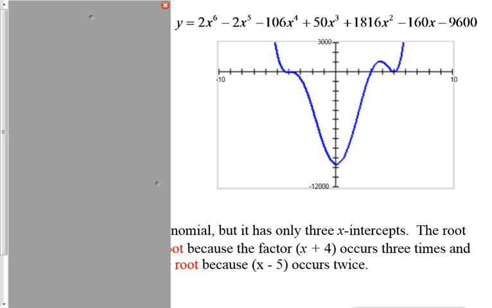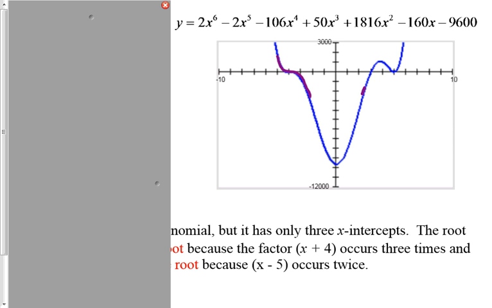Now, let us take a look at this 6th degree polynomial. When looking at this graph, I'm going to look to see where my x-intercepts are. So I see at one x-intercept I have that strange turn.